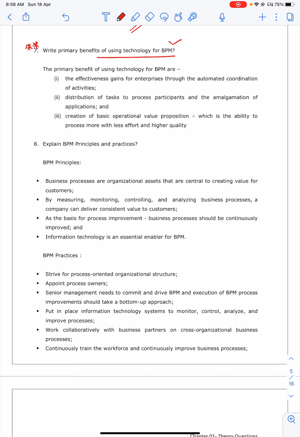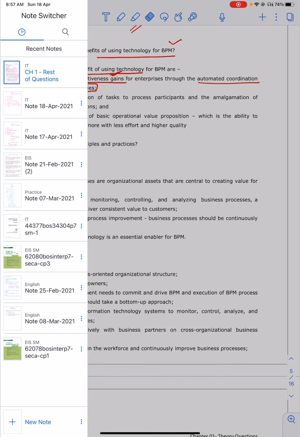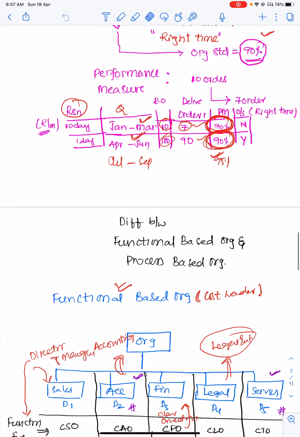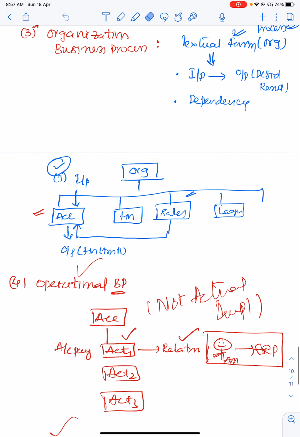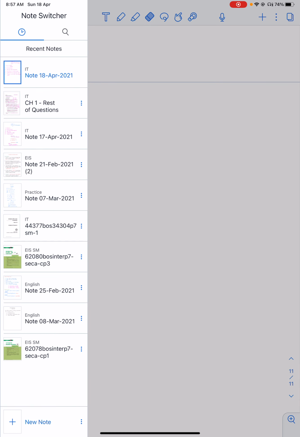So what are the primary benefits of using technology? Effectiveness can be gained through automated coordination of activities. So we are able to achieve effectiveness by automatically coordinating activities. I told you this example, like the leave management system. What is the advantage?